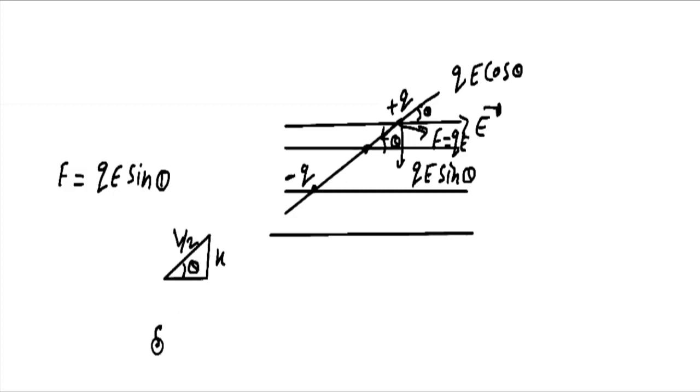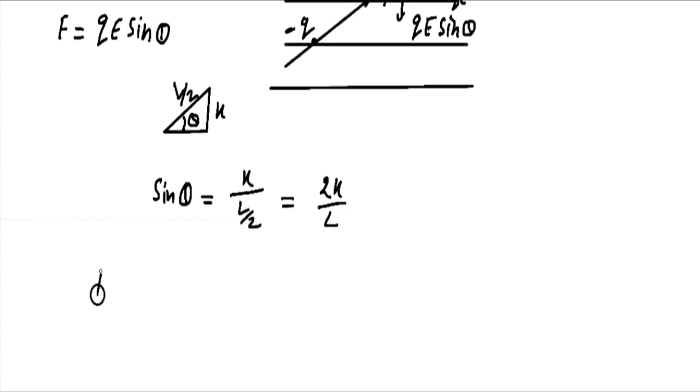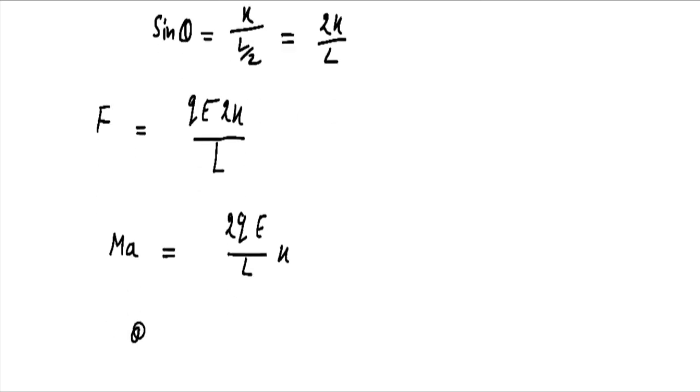So sin theta is equal to x by L by 2, which is 2x by L. Now put the sin theta value in the force: F is equal to qE times 2x upon L. Now apply Newton's law: ma is equal to 2qE upon L times x. So the acceleration will be 2qE upon mL times x.